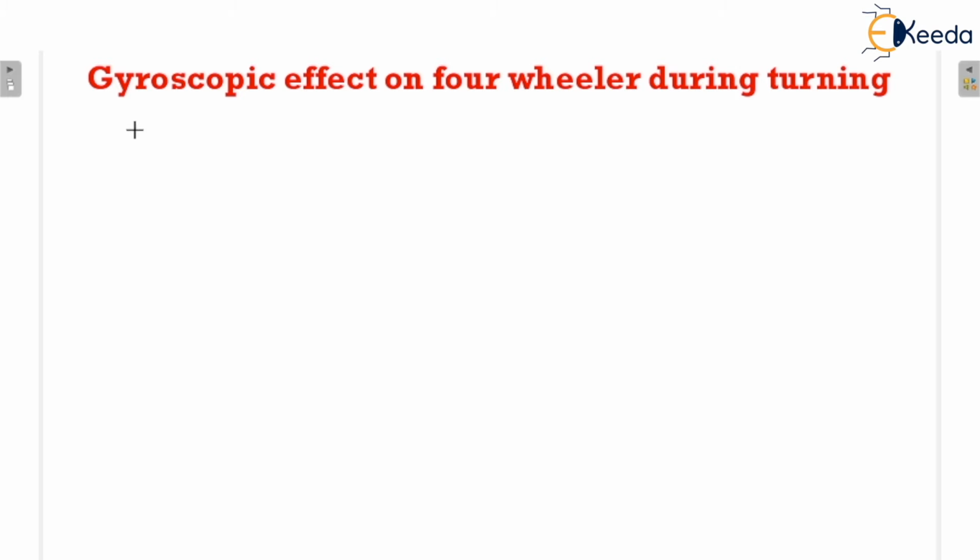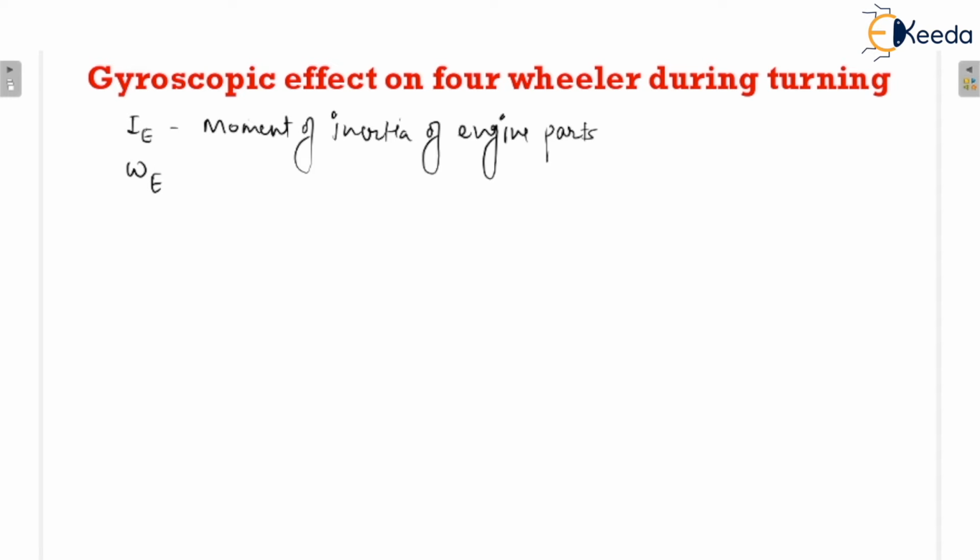So let us consider that IE is the moment of inertia of the engine parts. We will do the numerical questions on that. IE, that is engine. Omega E would be the angular velocity or the speed of the engine in radian per second.